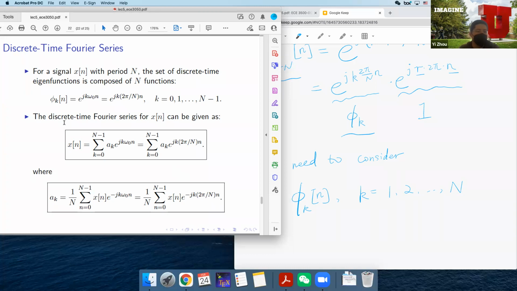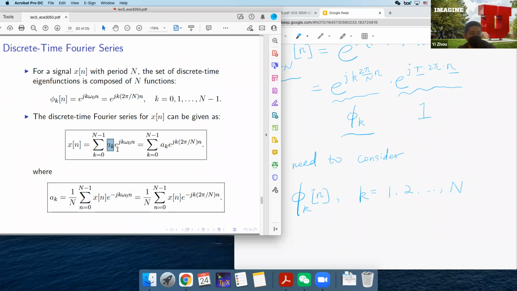And this means that if we consider any discrete time periodic signal x[n], then we can decompose x[n] into the following form. x[n] equals a summation, a linear combination of all these eigenfunctions or basis functions. And the linear combination coefficient is a_k, which is again the spectrum of this signal.